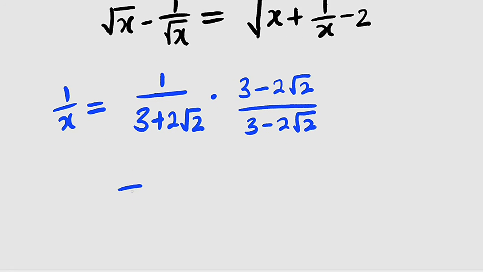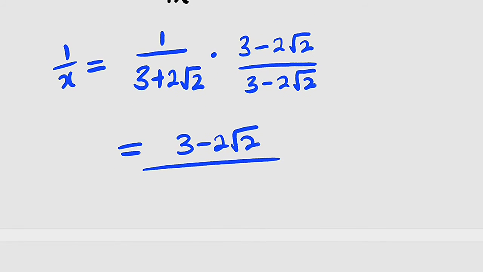If you multiply the top, you will have 3 minus 2 root 2. But the bottom is just a difference of two squares. You take the first term, you square that, you subtract, take the second term, you square as well.